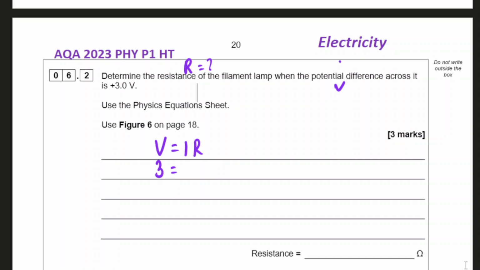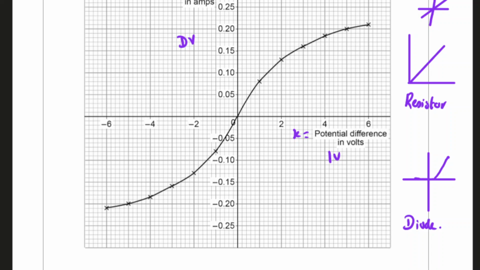What is the current when the potential difference is 3 volts? So when it's 3 volts, which is here, the current is over here, and that's just one box above, which is over here. So 5 boxes are 0.05. So 0.05 divided by 5 gives me 0.01.